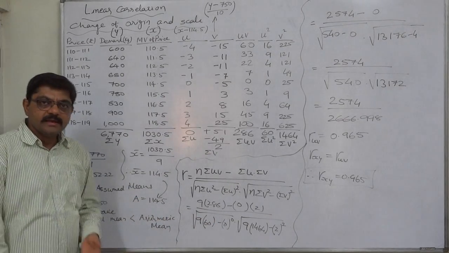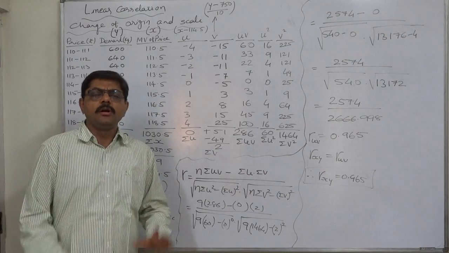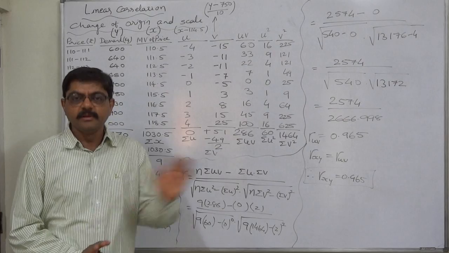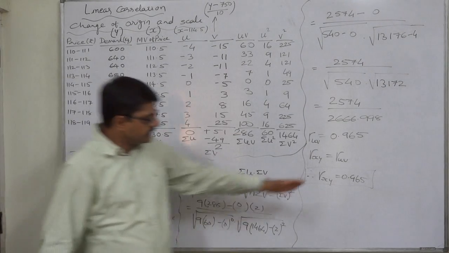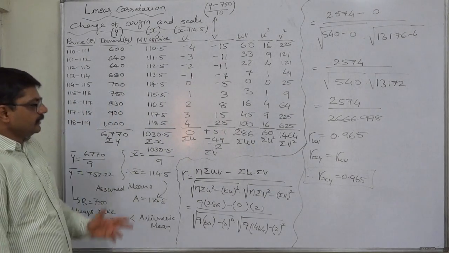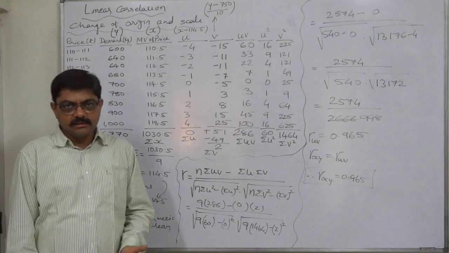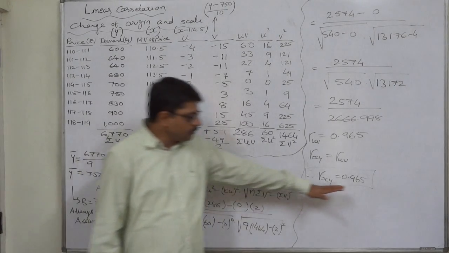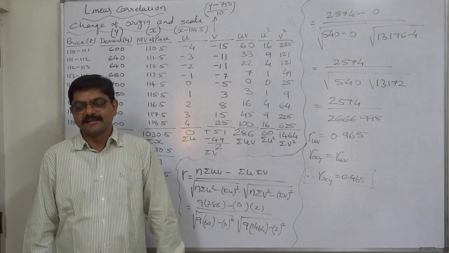Very near to 1 means both the variables change in the same direction with almost the same rate. If the rate is also the same, then the coefficient of correlation comes to 1. But it is not exactly 1, but very near to 1. So ultimately we can conclude that price and demand change in the same direction almost at the same rate. That's why there is a high degree positive correlation between the two variables. That's it. Thank you.